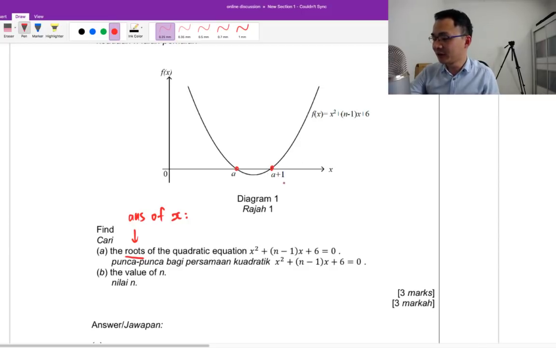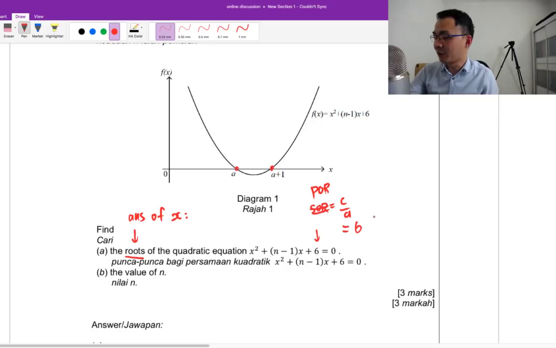So from here we know that the sum of roots will equal 6, isn't it? The sum of roots is negative b over a. The product of roots is c over a, right? Over here c is 6 and a is 1, so the product of roots is 6.